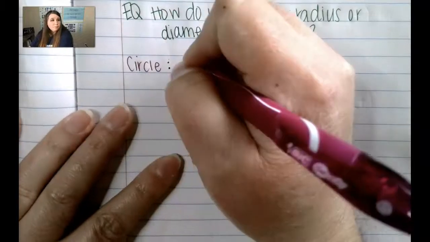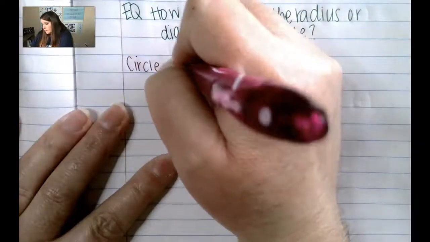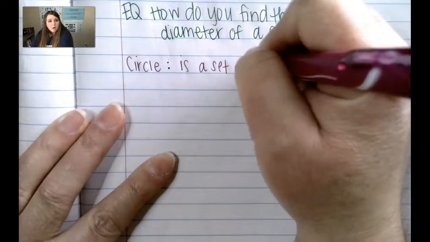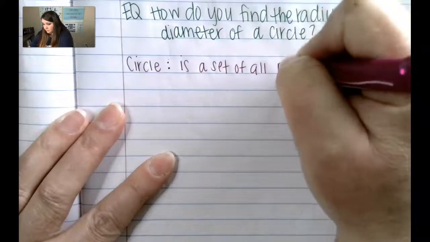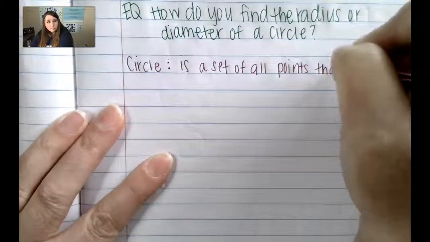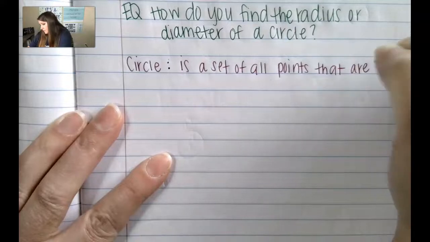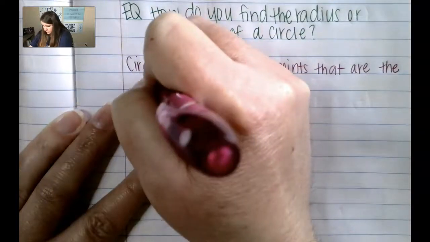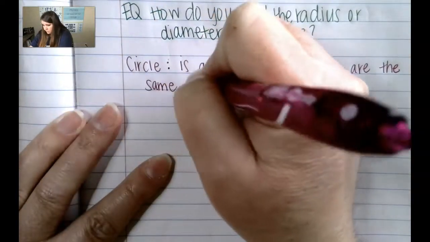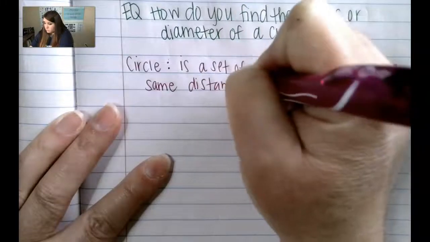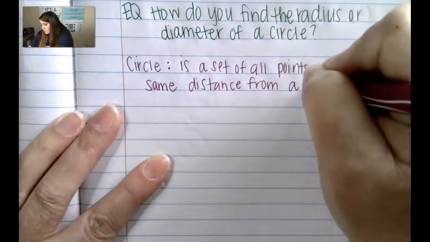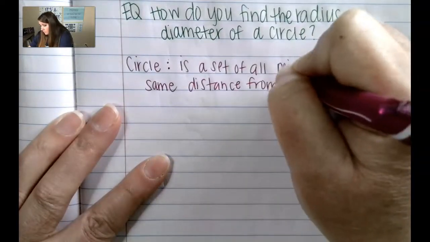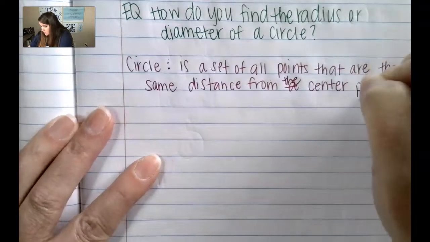So a circle is a set of all points that are the same distance from the center, the center point.